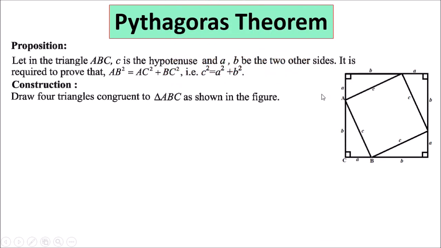Now it is complete, and it seems to be a square. If it is a square, we can call it a square. So here is the triangle ABC, and the four similar triangles are drawn as in the figure. Is that clear to you?